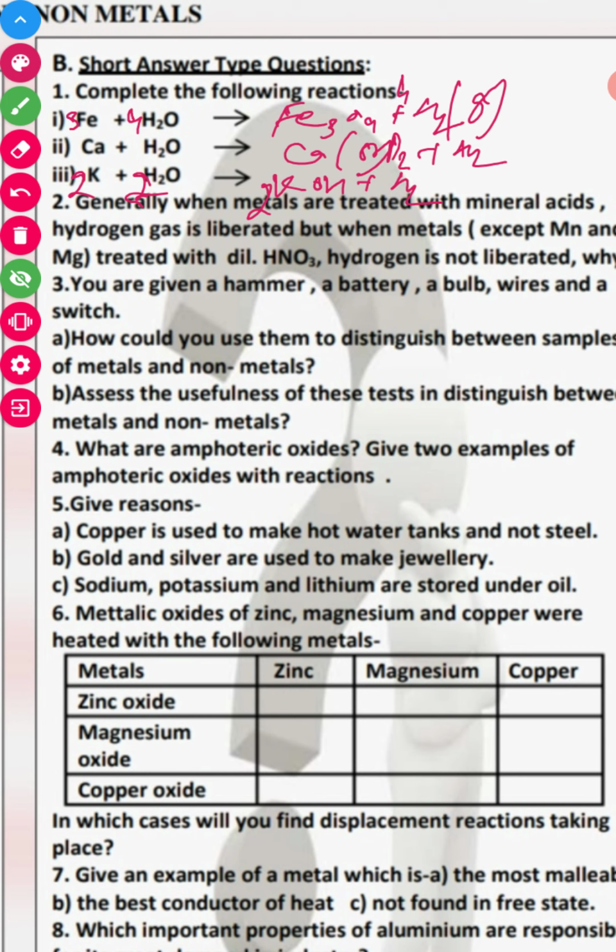And so in the reaction of metals except manganese and magnesium with dilute nitric acid, no hydrogen gas is evolved.